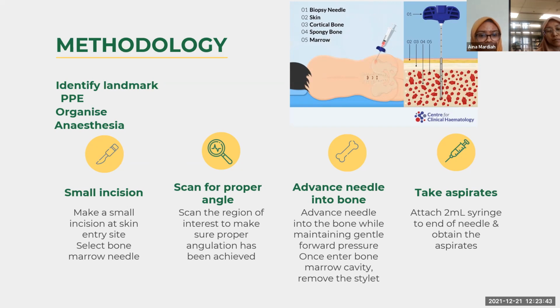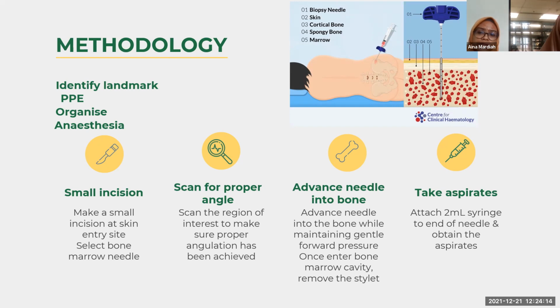When we have inserted the needle, we should scan for proper angulation to make sure it has been achieved. Once confirmed, we advance the needle into the bone while maintaining gentle forward pressure towards the bone marrow cavity, and after that we can remove the stylet.